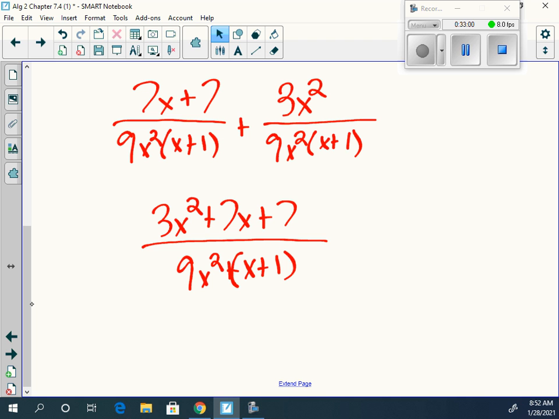Now the biggest question at this point is, will 3x squared plus 7x plus 7 factor? Right, because this one we have some doubts about, yes? So what was the one sure way we know if it factors?